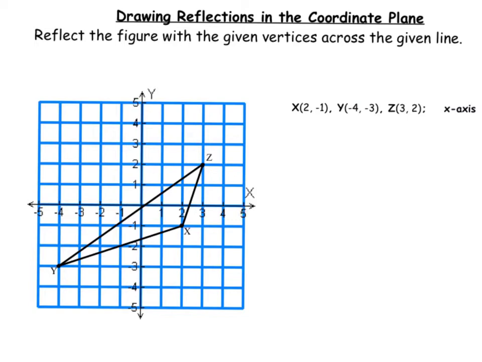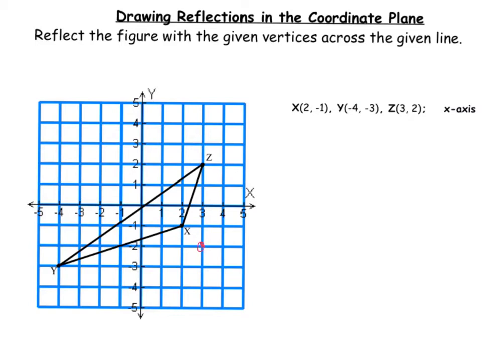The easy way of doing it first, we're just going to count. Counting is great and easy. So we're going to look at our Z, and we're going to realize that our Z is 2 places above our x-axis. So then we're going to go down 1, 2, and we're going to put a point right there.